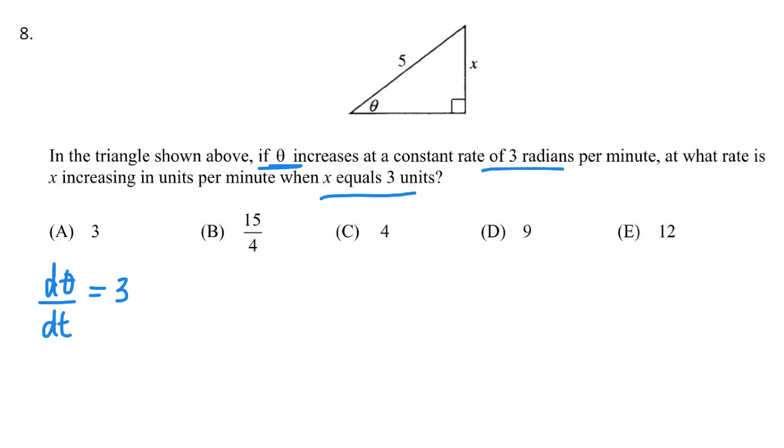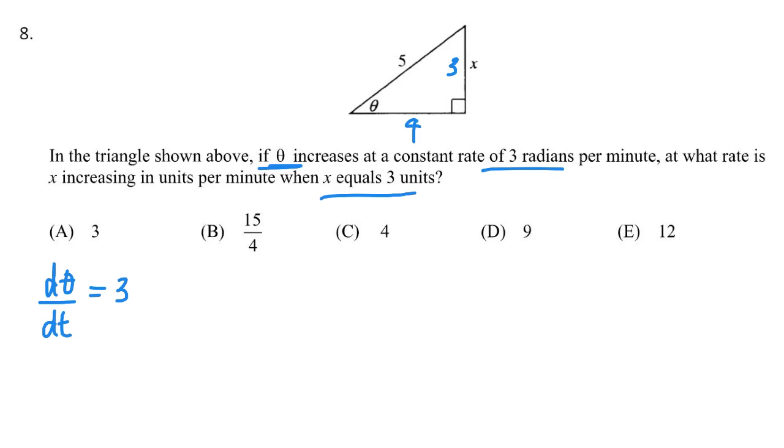So let's see, a lot of times we see, well, if x is 3, there's another 3, 4, 5 triangle, but we can't forget that we need some kind of formula here to find the derivative of. We need a rate of change for that angle. So that means we're going to have some kind of trig.